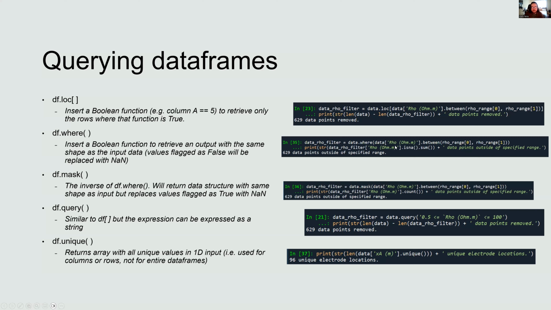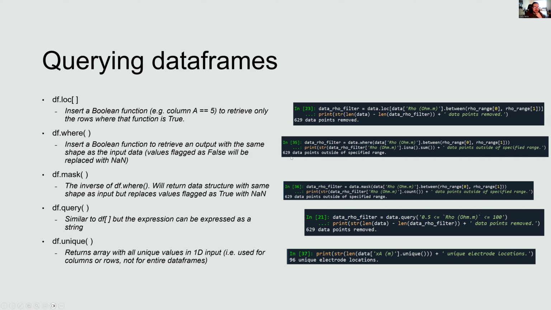df.where is a pretty similar function. The main difference between .where and using this Boolean indexing up here is that you retrieve an output with the same shape as the input data.